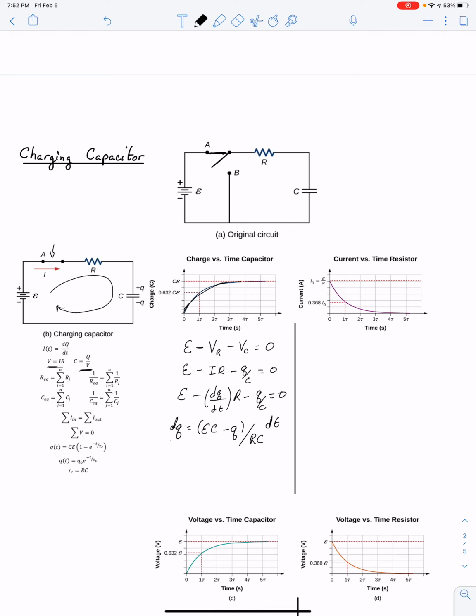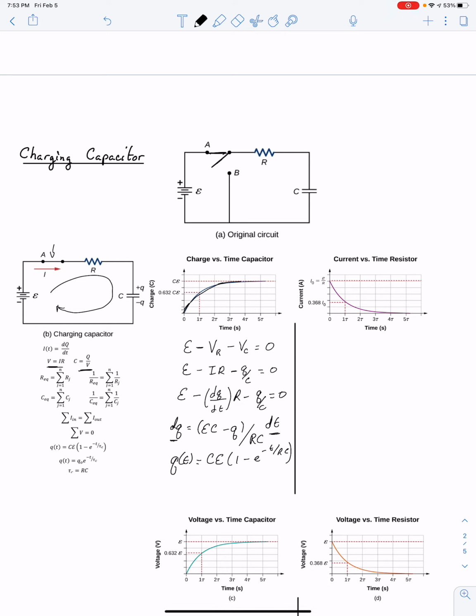Now, if we have a derivative here and a derivative here, then if we integrate this equation, we're able to get charge over time equal to capacitance times EMF, electromotive force, in this case the battery, times 1 minus e to the negative t over RC.